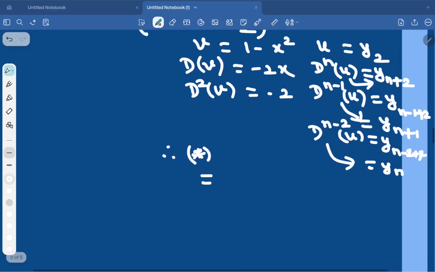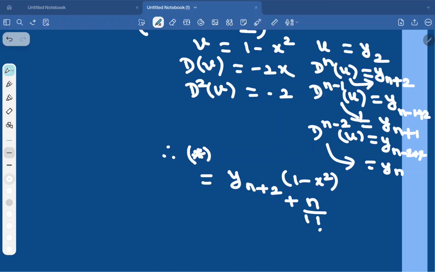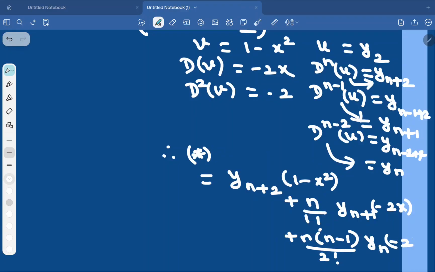Star implies formula: d power n of u is y n plus 2 times v. What is v? 1 minus x square. nC1 means n by 1 factorial, d power n minus 1 of u is y n plus 1, times minus 2x, plus n into n minus 1 by 2 factorial, y n minus 2.